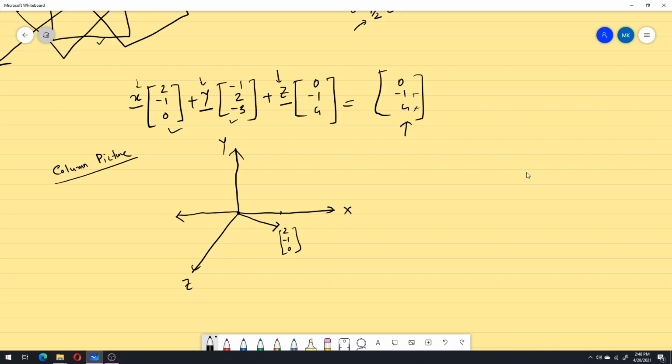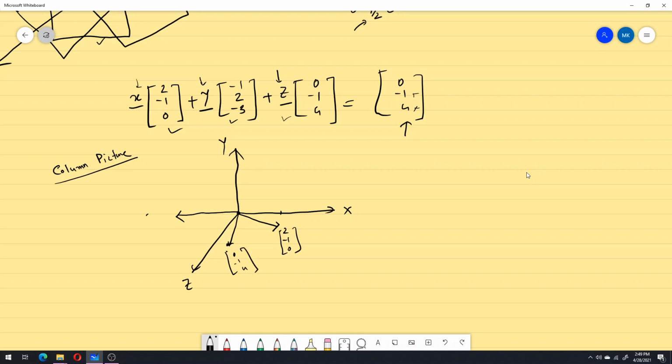Because it is very difficult to draw a 3D coordinate system on a 2D plane. And the last one is 0, negative 1, and 4. Let's say it is this one. So this is 0, negative 1, and 4.